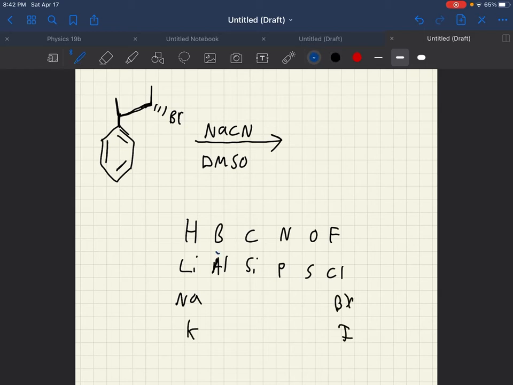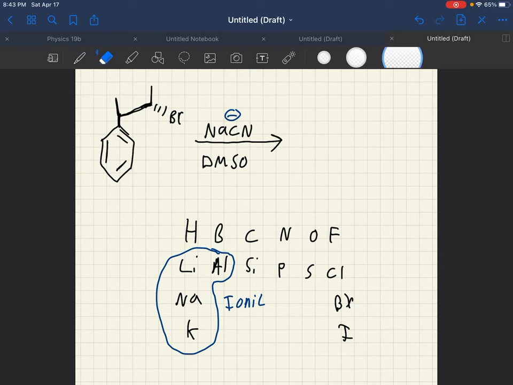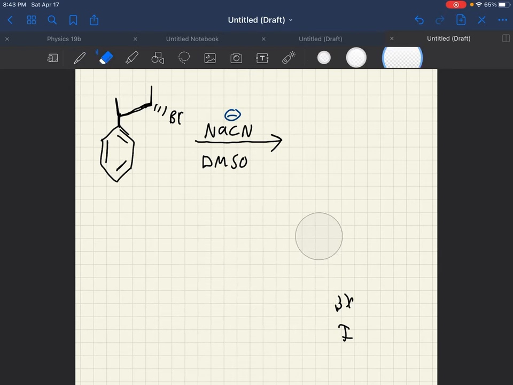If it's any of these attached to the compound itself, it's going to have a negative charge because these create ionic compounds because they are metals. So these on top of a nucleophile will make it an ionic compound, meaning that the nucleophile then has a negative charge. So now then, let's do this all out. So what's going to happen here is, since it's SN2, it's going to leave.